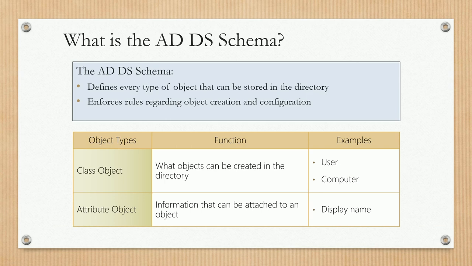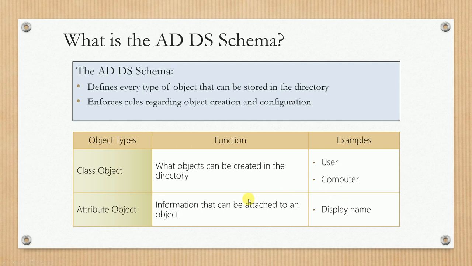What does it do? The AD DS schema defines every type of object that can be stored in the directory. It is responsible for defining the data, the objects which are stored in the directory, and enforcing rules regarding object creation and configuration.